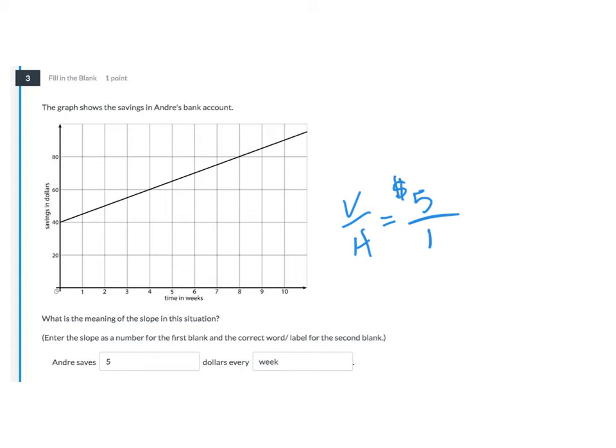And then the bottom is our horizontal, and that is time in weeks. So what we need to label our 1 is weeks. So it's $5 per 1 week that Andre puts into his account. So Andre saves $5 every week.